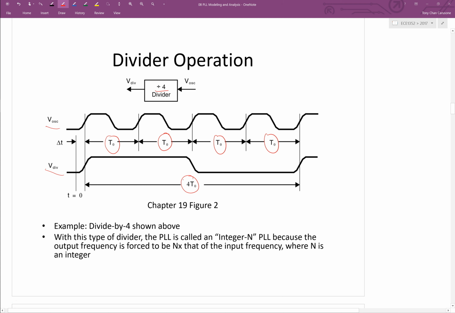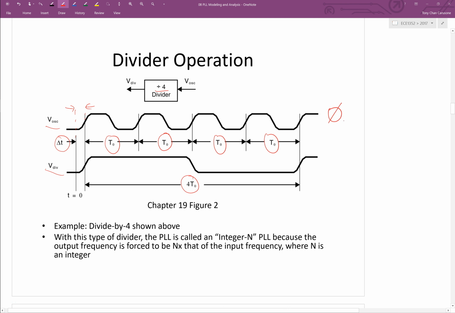That's obvious. But let's say that the output of the VCO has some phase delay with respect to time 0. However we define time 0, there'll be this delta t, the phase shift of the output of the oscillator.